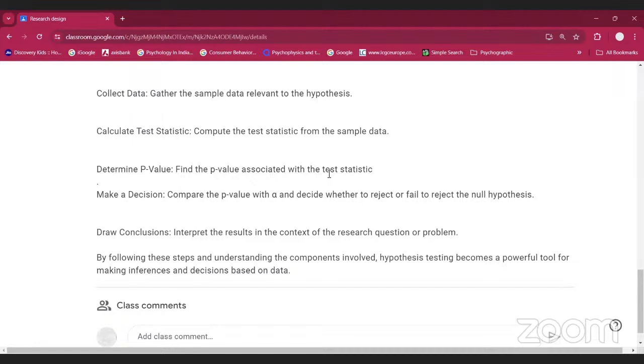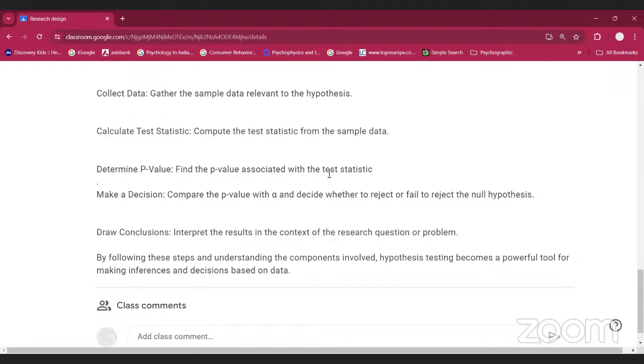Kavita? Yes, sir. Suppose you have collected one data set and that data is similar to the normal probability curve. So what is your decision? So the null hypothesis is accepted, sir?